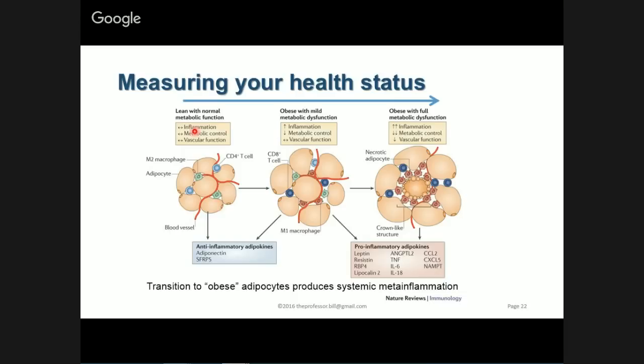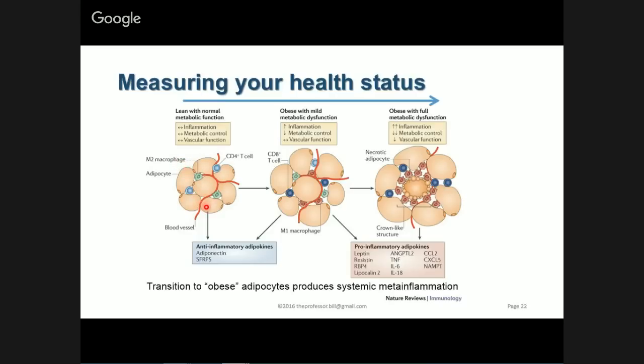And so when you have normal metabolic function, you have these normal adipocytes, your inflammation levels are relatively low, you have great metabolic control. In other words, when you eat something that has glucose, your body drops your blood glucose levels really quickly afterwards. And the immune cells that are normally associated with it are things like CD4 positive T cells. Everything is working well, and you have these M2 types of macrophages.